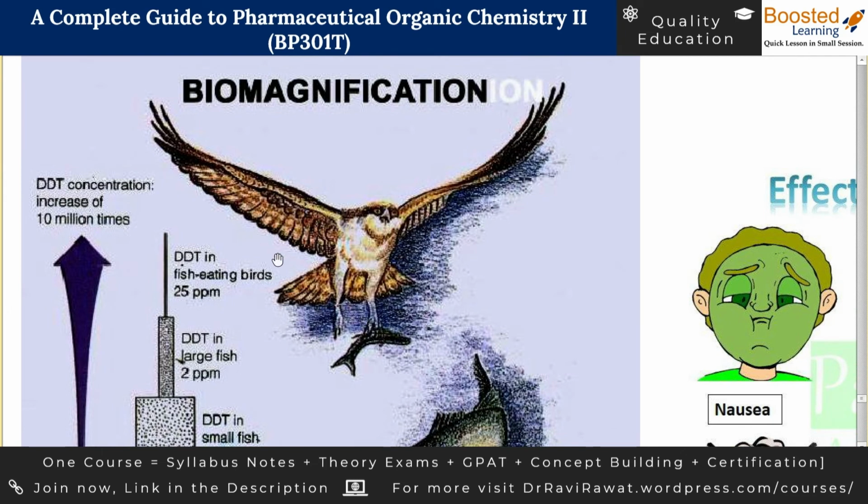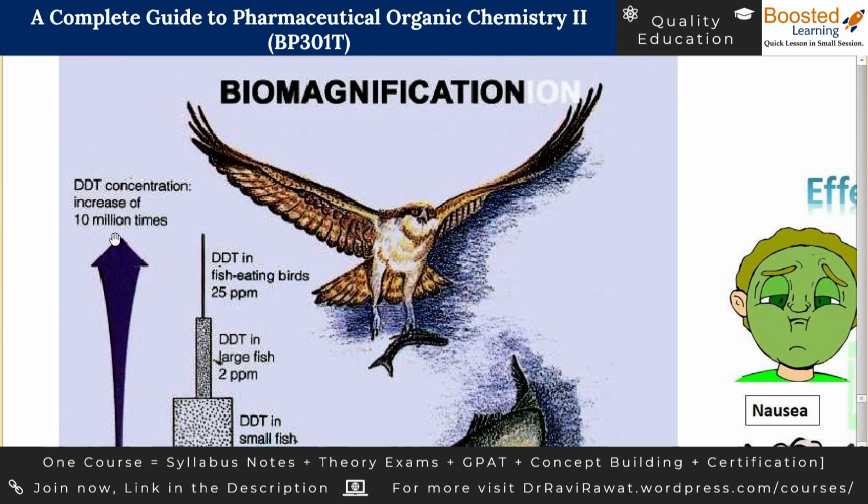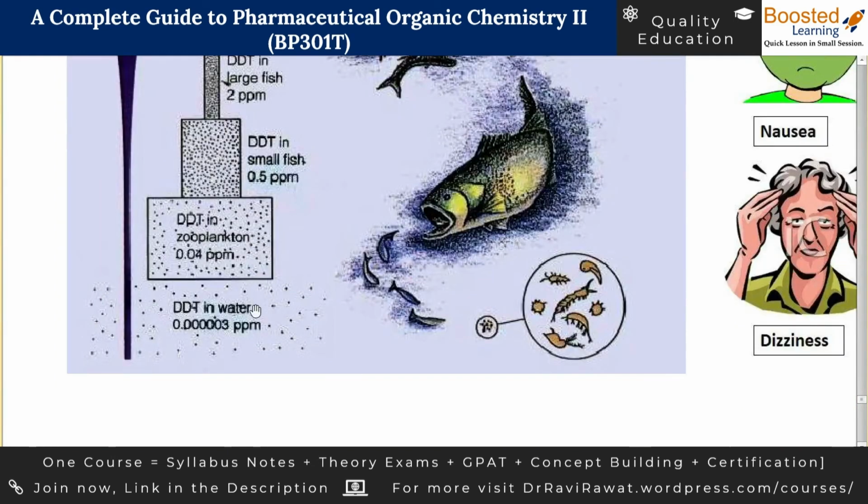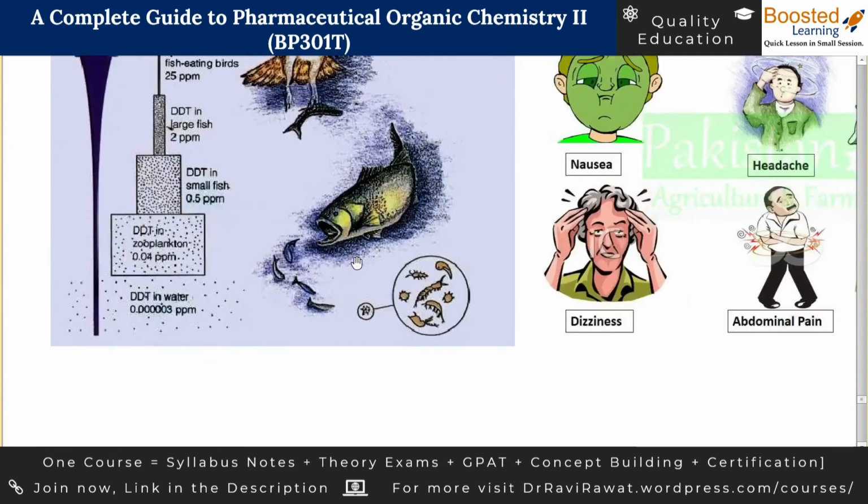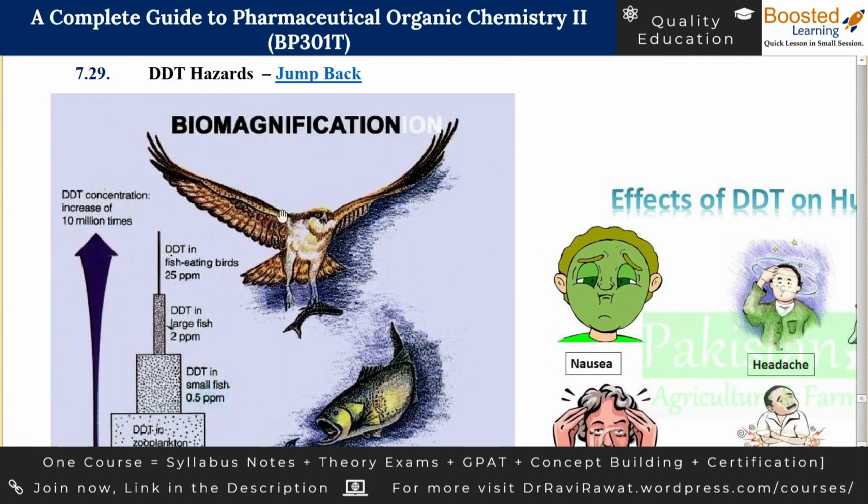So the final eater, like birds, can have 10 million times more concentration of DDT than the one which was sprayed in water. So you can see that bioaccumulation and biomagnification was the actual reason that DDT was not safe for the environment, because no living body can actually digest DDT. That was the reason that it got banned in the year 2004.